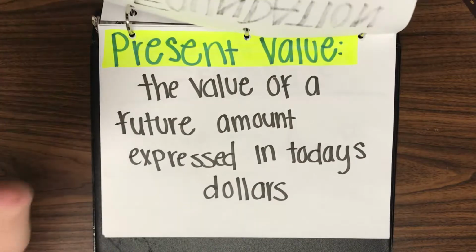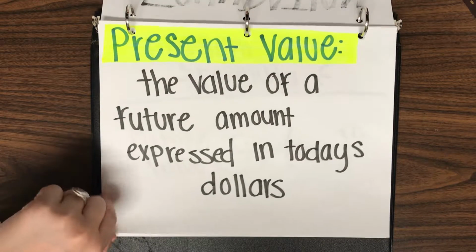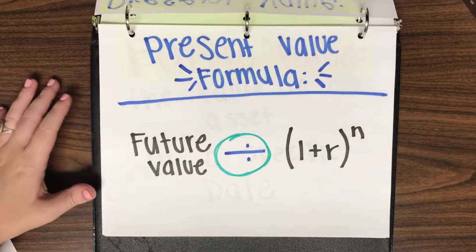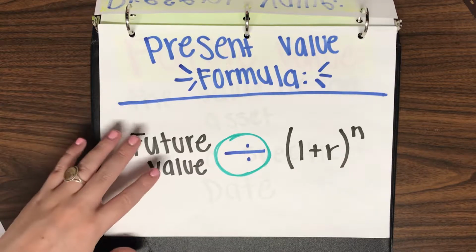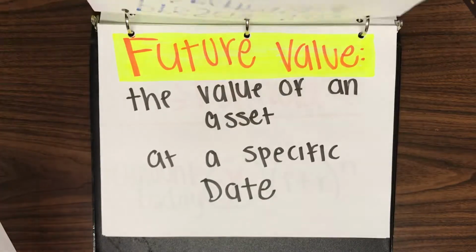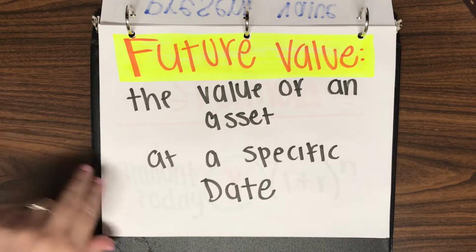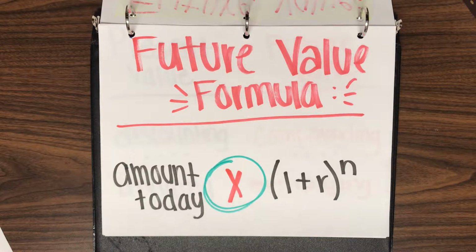Now, present value is the value of a future amount expressed in today's dollars, whose formula is future value divided by the foundation formula of 1 plus r to the power of n, where future value is the value of an asset at a specific date, whose formula is amount today times the foundation formula 1 plus r to the power of n.